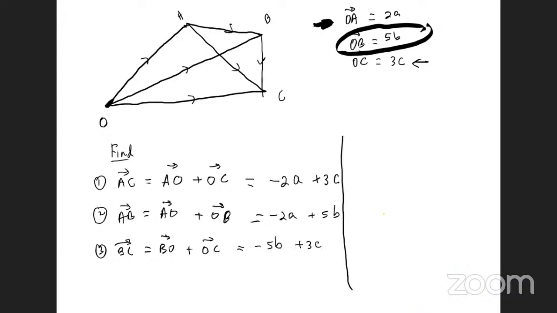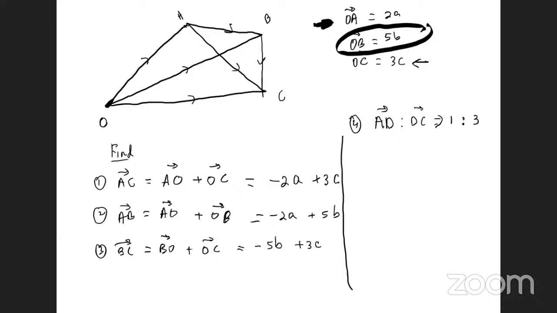All right. I want to make it a little more complicated. Let's check out number 4. Let's say the question told us that AD to DC is on a ratio of 1 to 3.